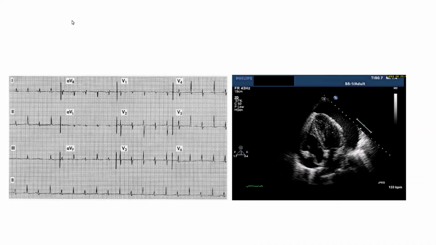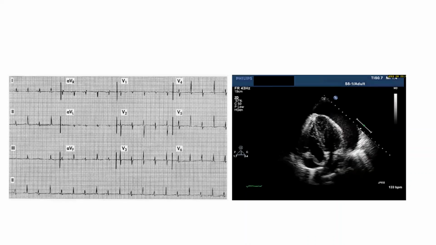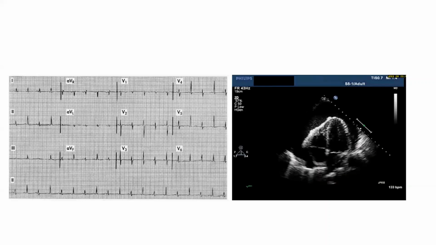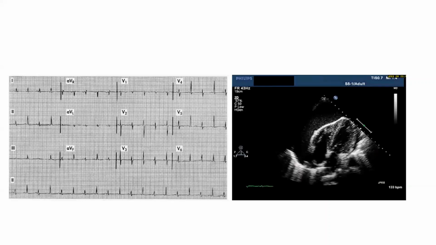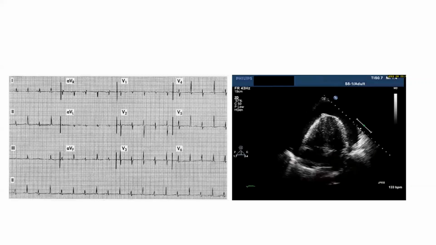Good. So tachycardia. Tachycardia correlates with tamponade because tamponade is a shock state, so you have to have something that indicates shock.